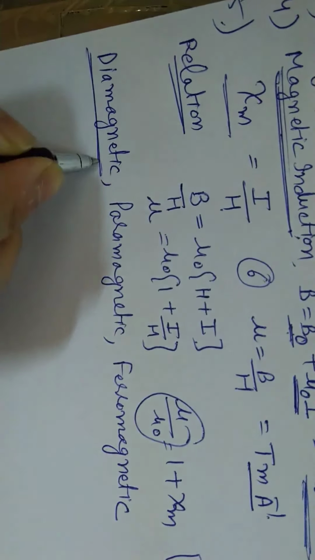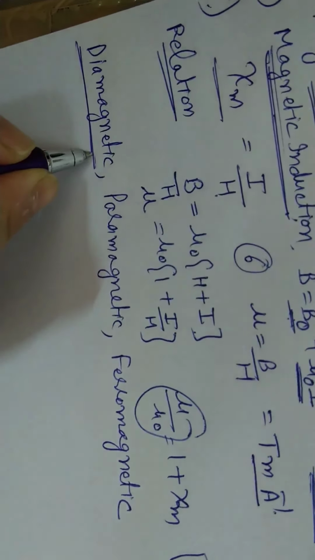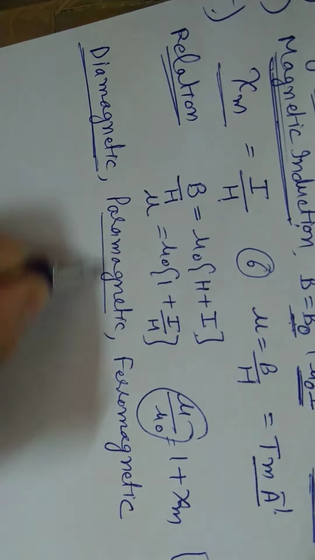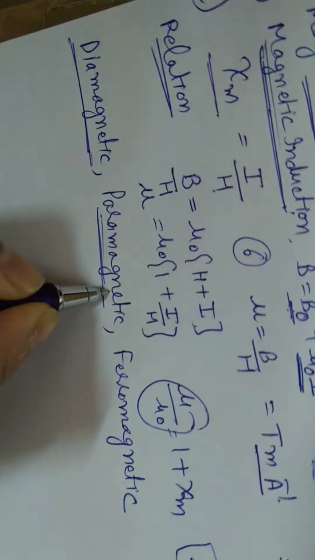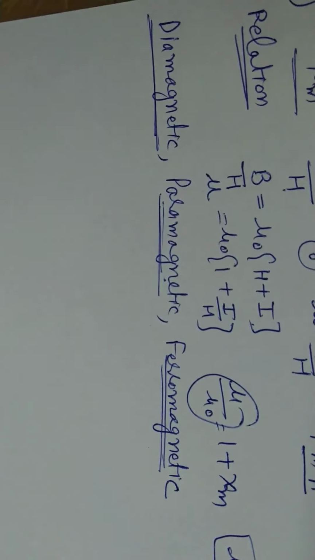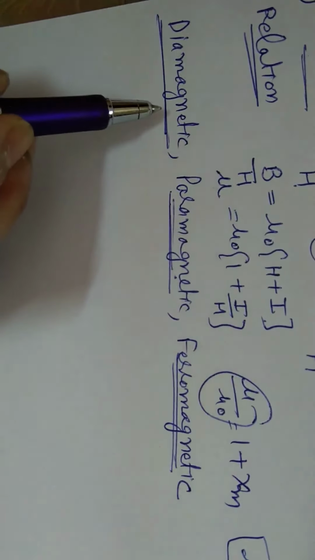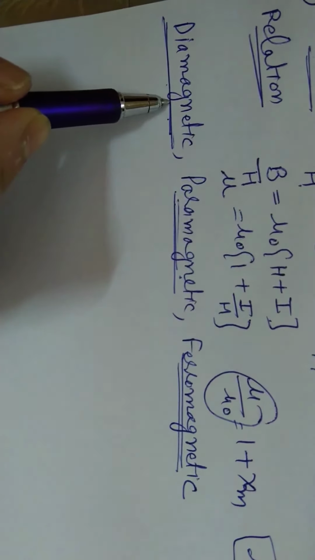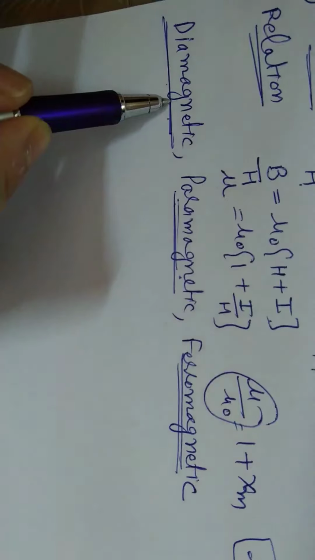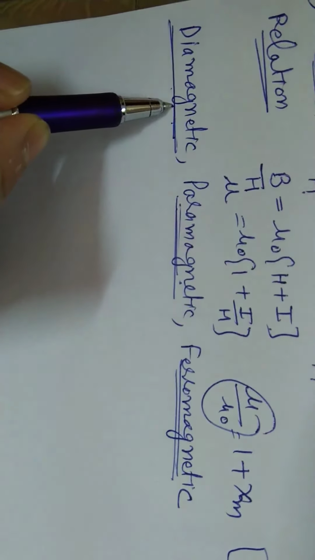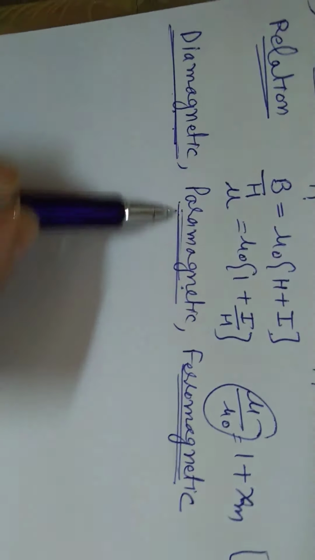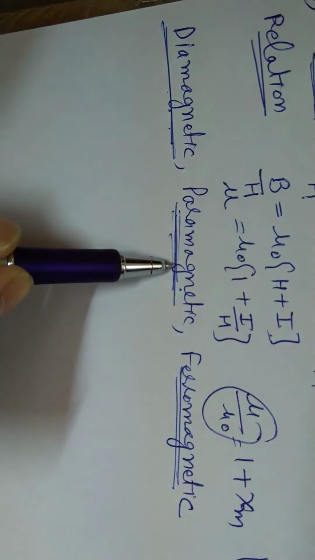Diamagnetic materials are those which are feebly repelled, having less magnetism. Paramagnetic materials are feebly attracted, and ferromagnetic materials are highly attracted towards the magnetic field. If placed in a non-uniform magnetic field, diamagnetic materials always move from stronger to weaker part, but the others move from weaker to stronger part.